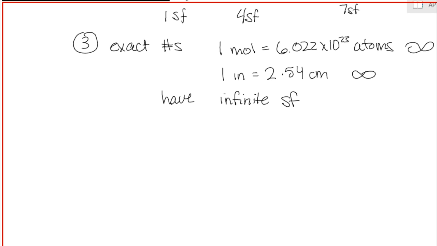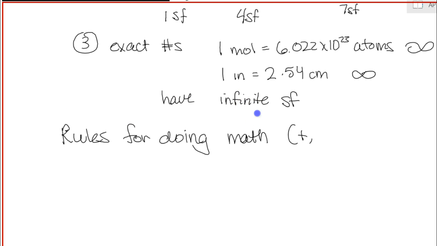So that's my next step for you, is what to do when we have math and sig figs. So, rules for math. Let's see, there is one rule. One rule for doing math, and by math I mean adding, subtracting, dividing, and multiplying with sig figs.